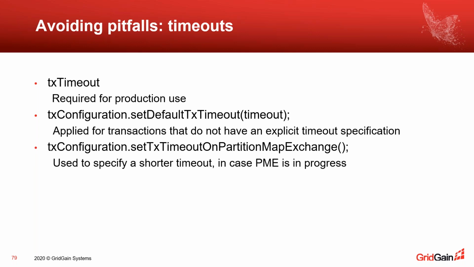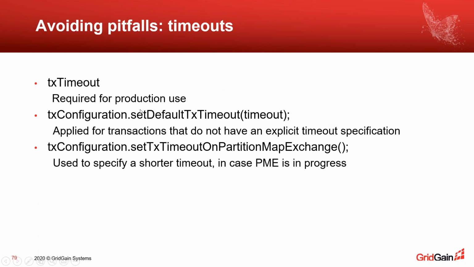Another option is setting a shorter timeout in case of partition map exchange. For example, you may specify a 5 seconds timeout as a default timeout and 100 milliseconds as a timeout in case of partition map exchange.